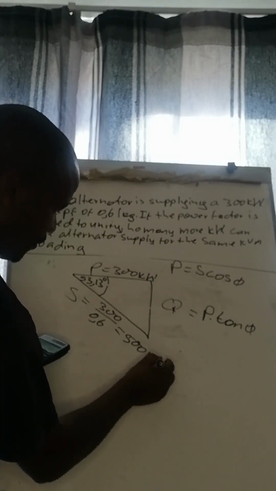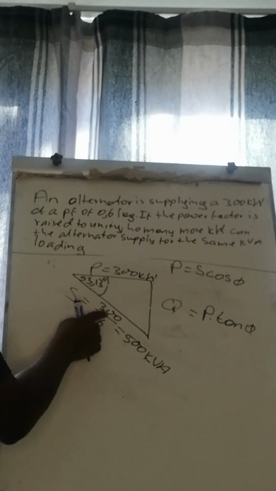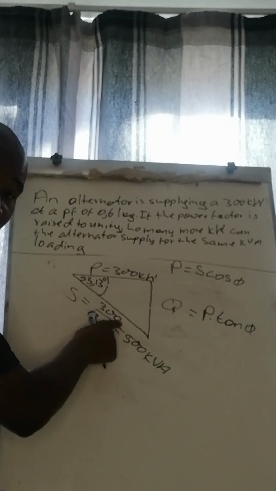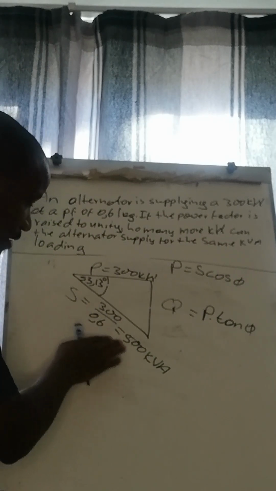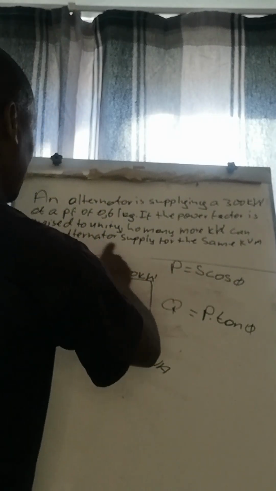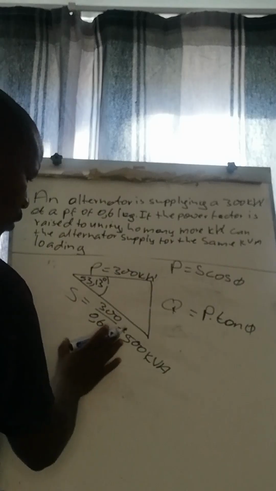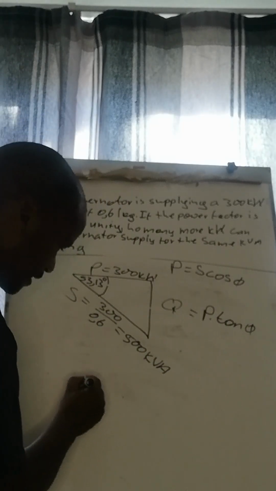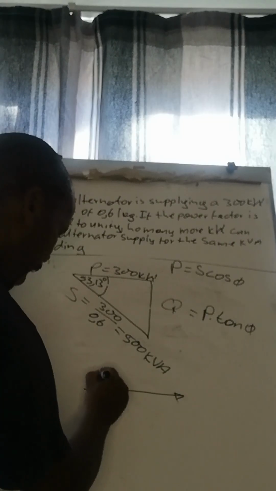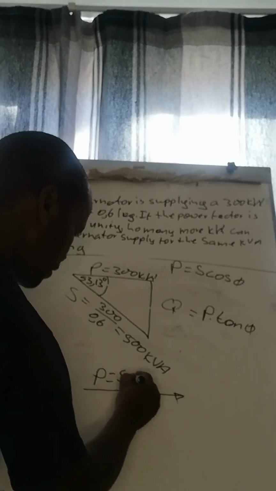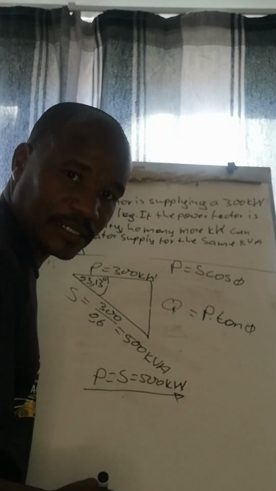It's kVA. Why kVA? We didn't convert the kilowatts to watts, so it's kVA. Now, you are told that for the same kVA rating at unity power factor, at unity power factor, power is equal to S, which is 500 kilowatts.